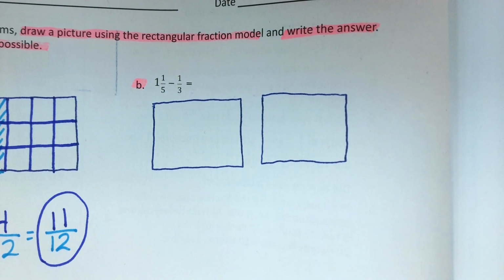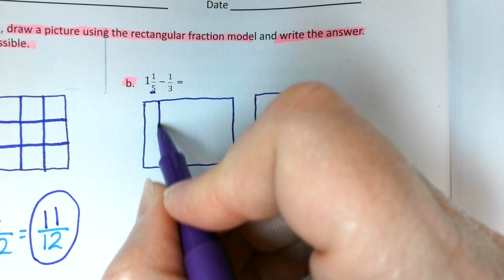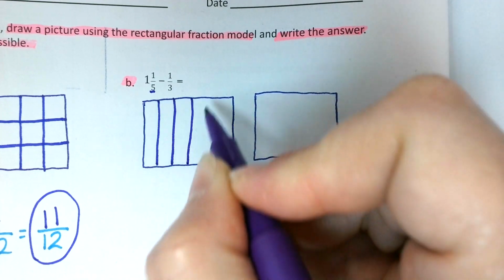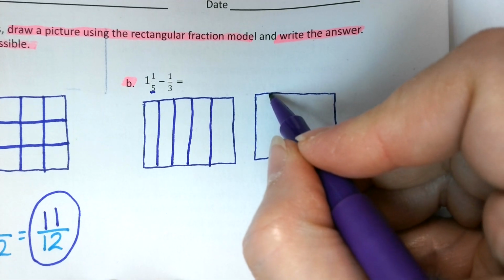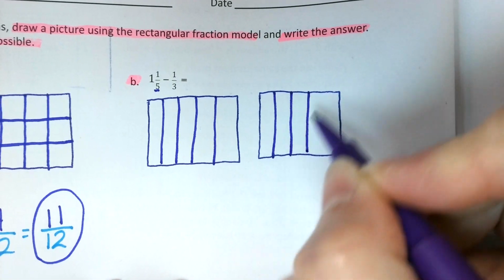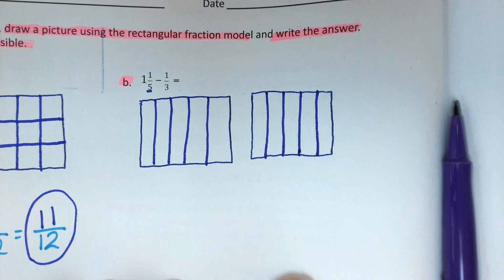Okay, I'm going to show it again over here. This time we have fifths. So I'm going to divide 1, 2, 3, 4, 5. Had a little bit bigger. Sorry. 1, 2, 3, 4, 5. What am I shading?